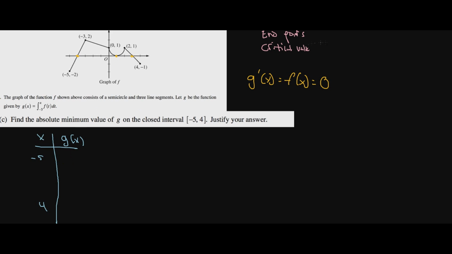Now, it would be really time consuming to put all three critical values here. Well, we're looking for an absolute minimum, and we know a minimum goes from negative to positive. So it just makes sense to look at this graph and see where it changes from negative to positive at our critical values, because we're looking for the minimum. Who cares about a relative maximum? We don't care about any maxes. This goes from negative to positive.